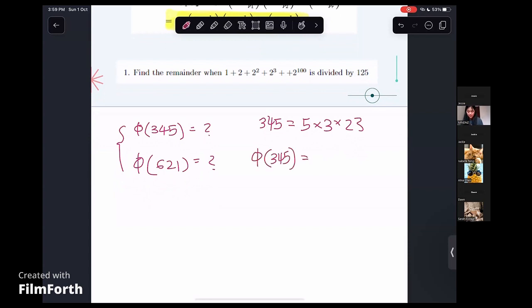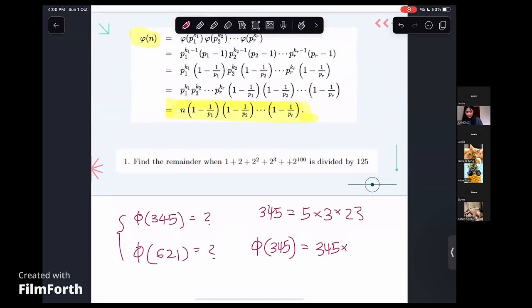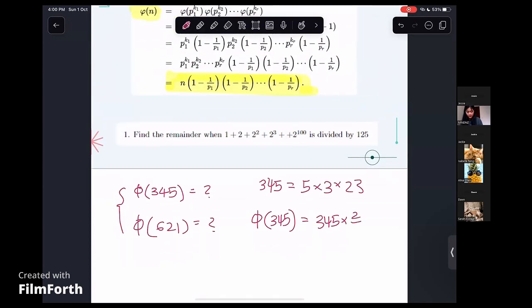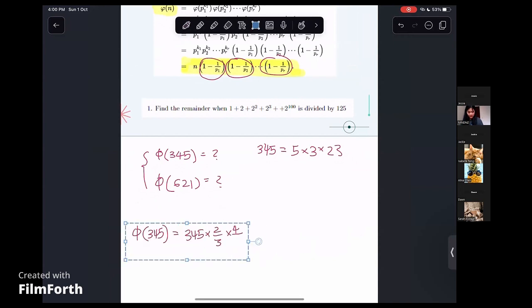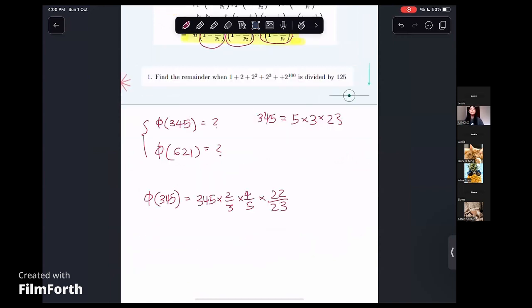So first it's 345 times, 2 to the power of 3 times 4, because if we just substitute it into these parts, it should be something like this, right?